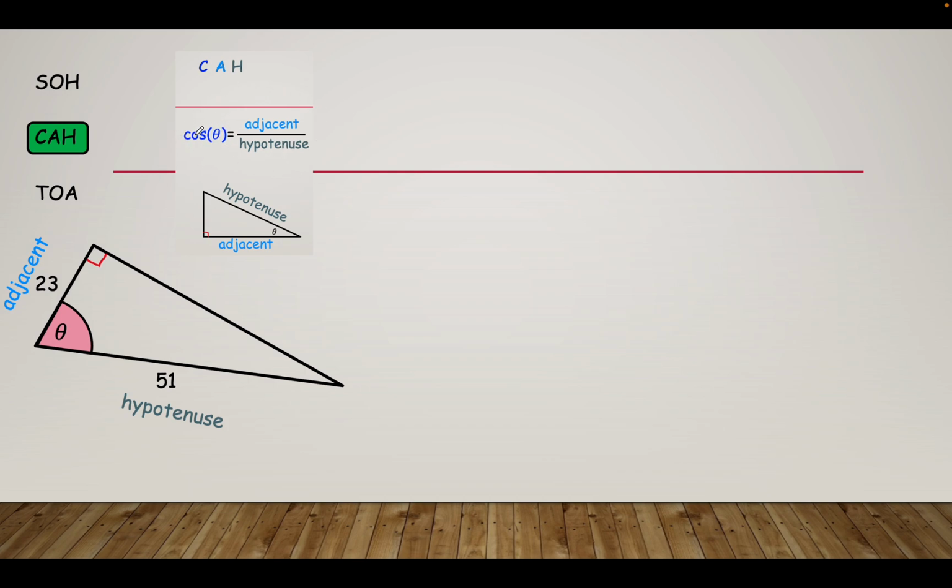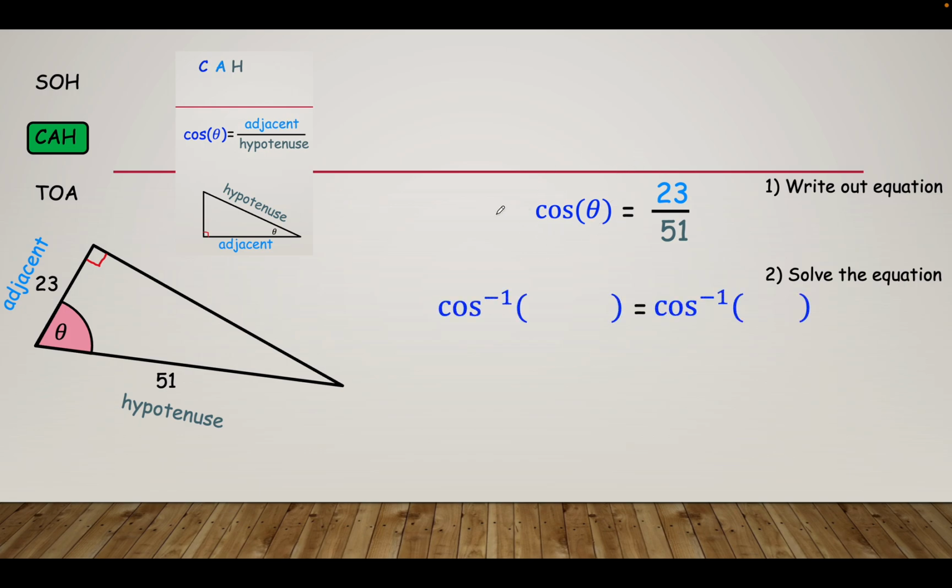So cosine of the angle, cosine of theta equals the adjacent side, 23, divided by the hypotenuse of 51. From there, we need to solve the equation by doing the inverse of cosine on both sides of the equation.